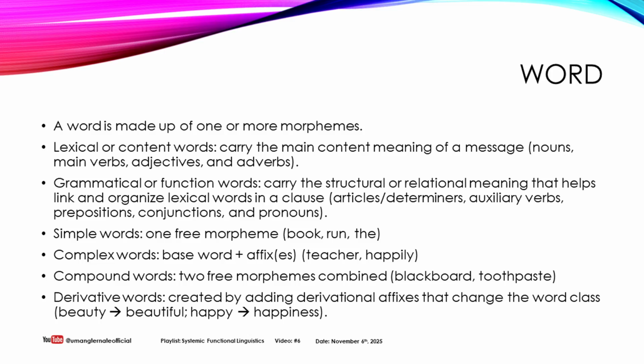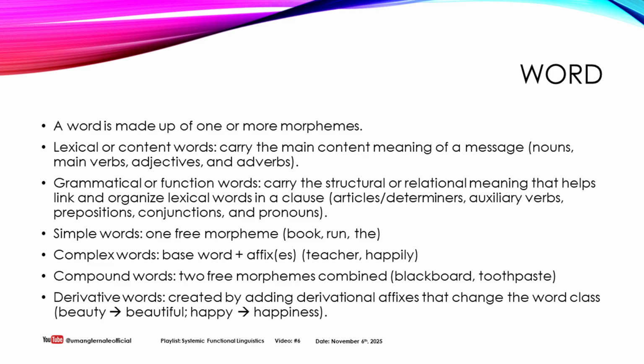Then we have complex words, which are made up of a combination of affixes and a base word, like the word teacher and happily. We also have compound words, which are made up of a combination of multiple free morphemes, like the word blackboard and toothpaste. I mean, the words black and board are free morphemes, just like the words tooth and paste, okay?